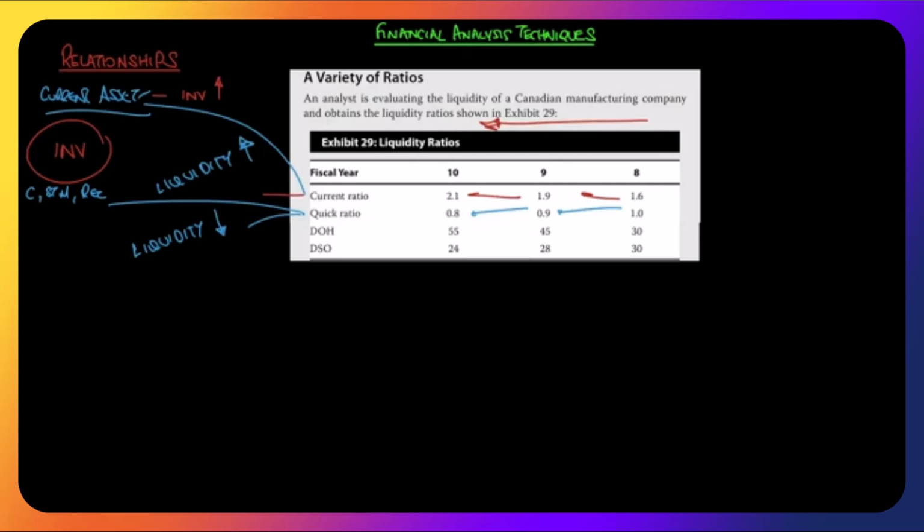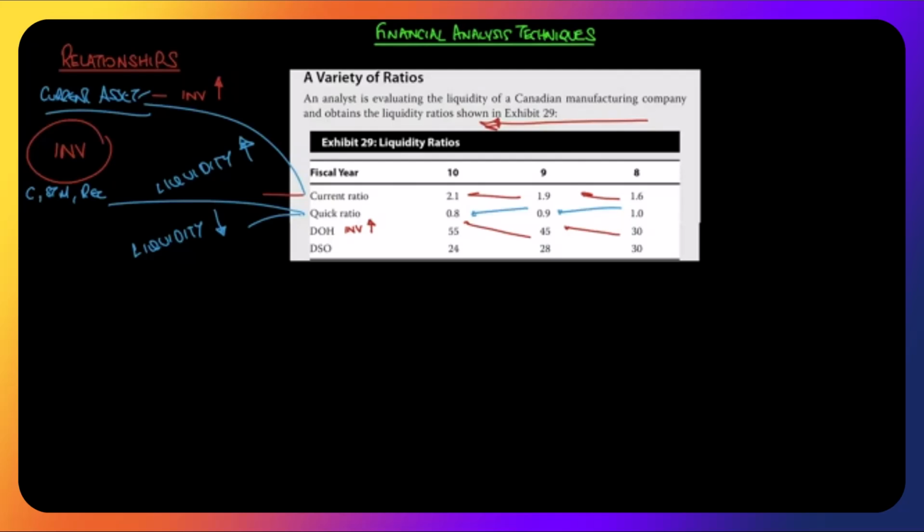That would force my current ratio up, but not my quick. DOH. Let's see if that conclusion is backed up by days of inventory on hand. It is 30 to 45 and up to 55. Inventory is increasing. We are becoming less efficient at managing our inventory.